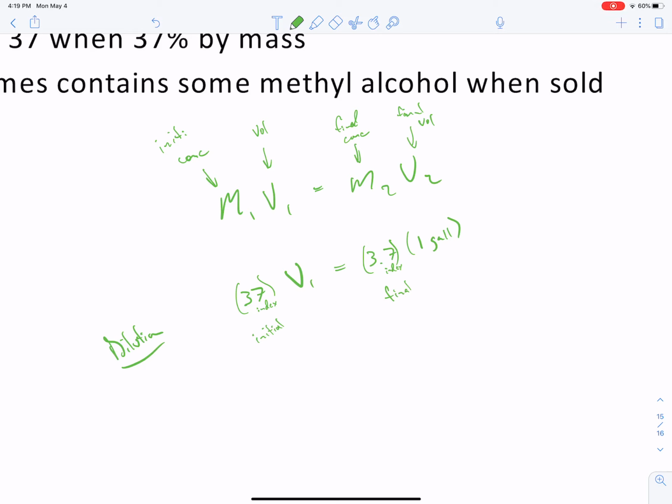Well, you divide both sides by 37. So V1 is equal to 3.7 times 1 gallon divided by 37. So the volume that I need is 0.1 gallons.